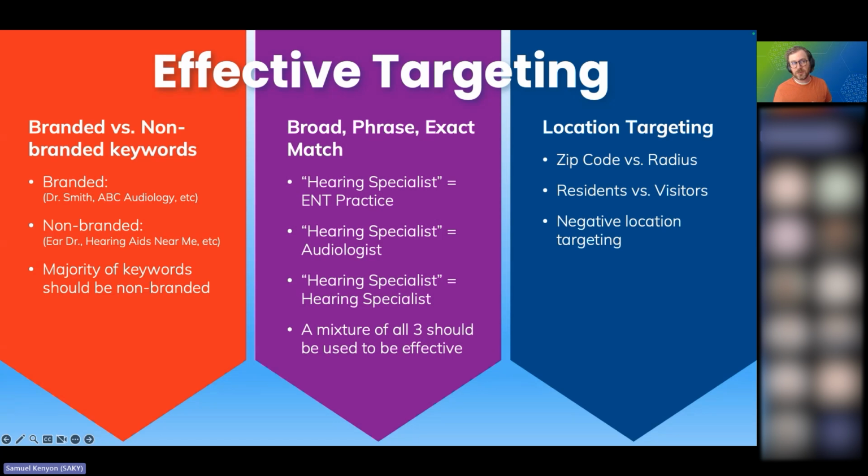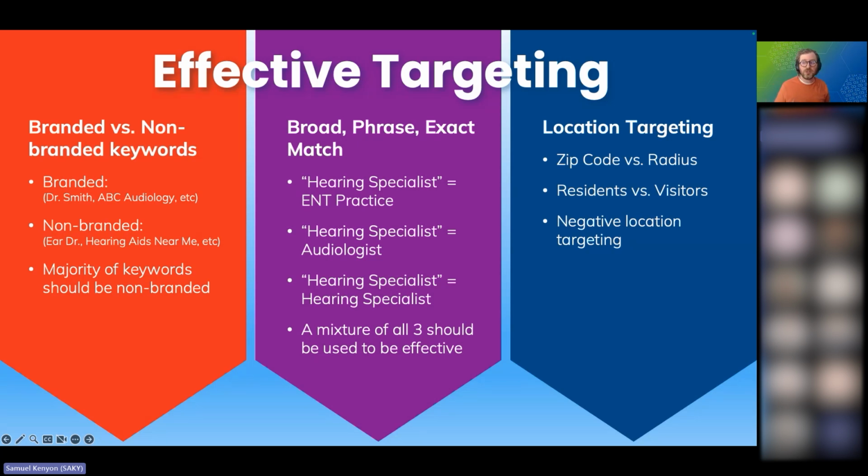However, with radius, we're able to say, okay, 5 miles anywhere around your practice, they're more likely to drive to you. So we've got to use a combination of both. Say there's an area outside your 5-mile radius, but those people drive or you're the only business that they go to in that area. Of course, you're going to want to do zip code there and also still a 5-mile radius around your practice. So you can do a combo of both.